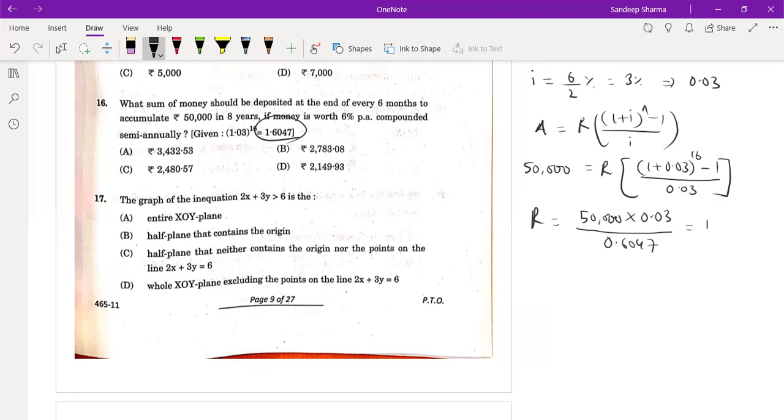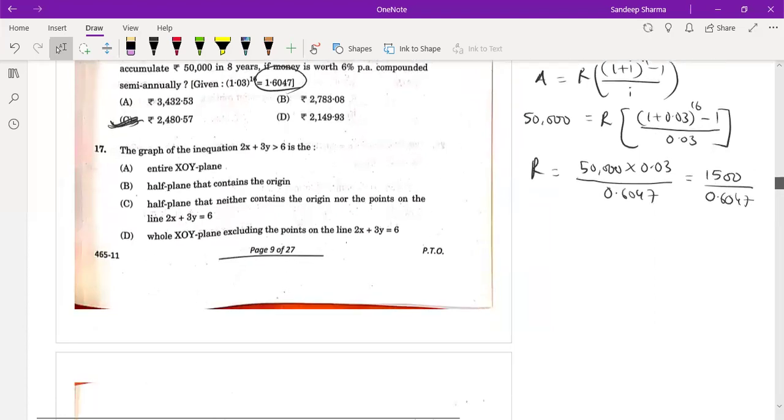So 5 3s are 15, 1500 divided by 0.6047. If you consider 60 and 50, approximately it should be equal to 2480, right? So option C will be correct here. If you consider 60, approximately that only answer will come.